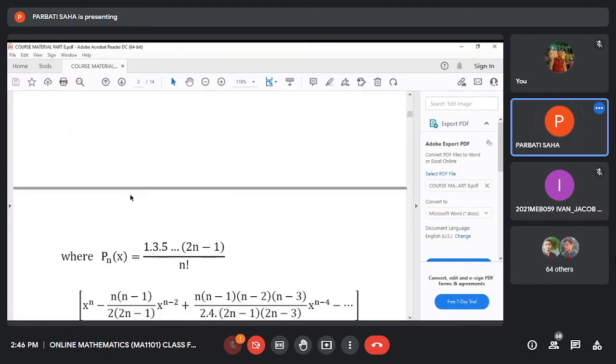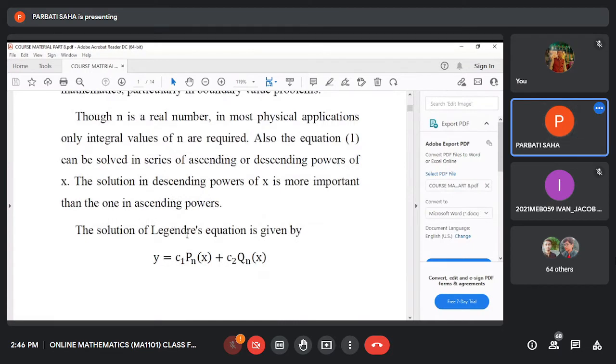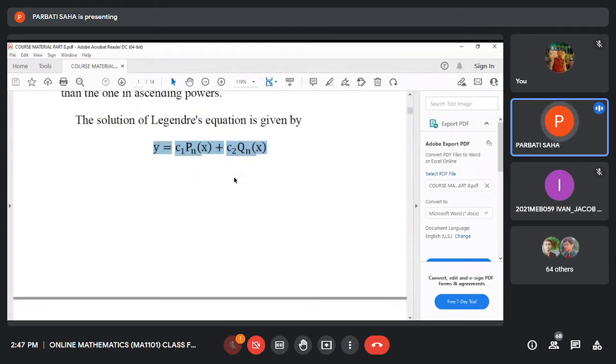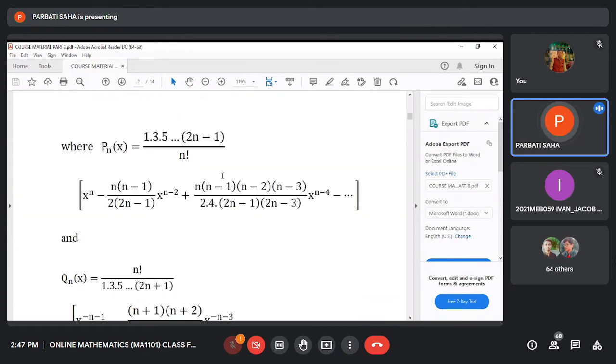And now the solution of Legendre's equation is given by this. Just remember this. Actually, the deduction is not included here, but just see the nature of the solution: y equals C1 Pn(x) plus C2 Qn(x), where C1, C2 are constants and Pn(x), Qn(x) are given by this.